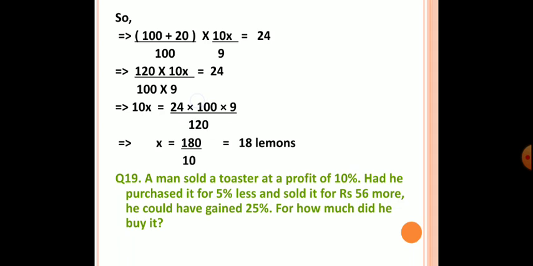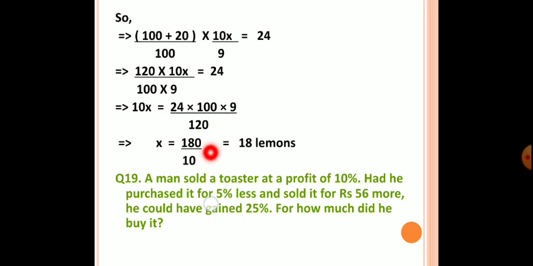So the selling price of these X number of lemons should be equal to rupees 24. Now solving this, we get 120 by 100 into 10x by 9 equals 24. Keep the 10x on the left hand side and bring all other numbers to the right hand side, which will be 24 into 100 into 9 divided by 120.